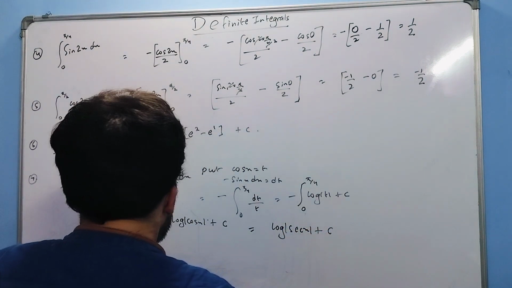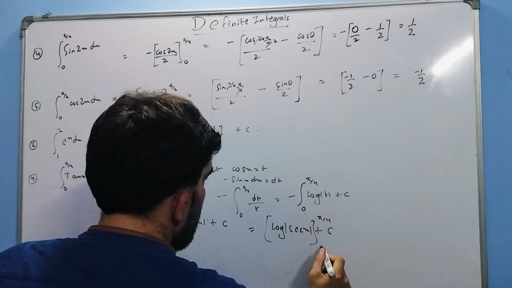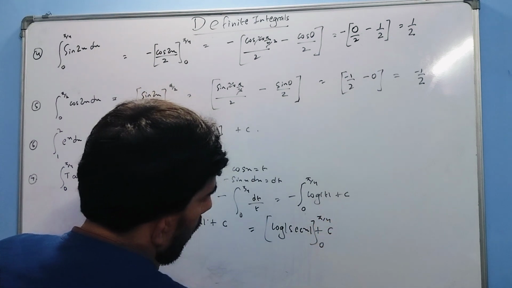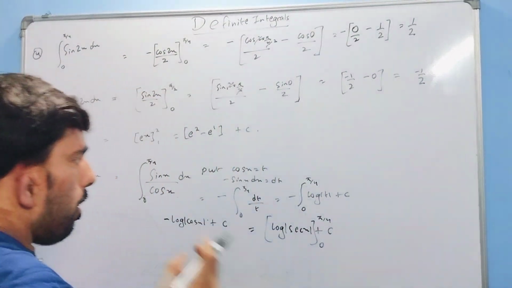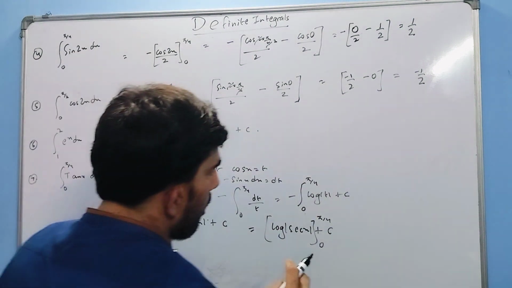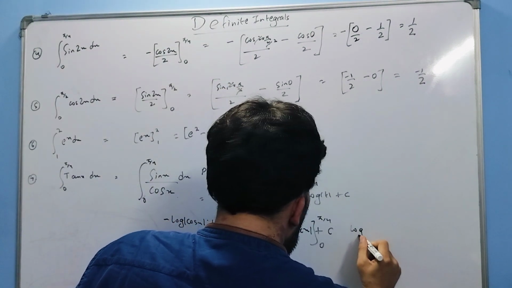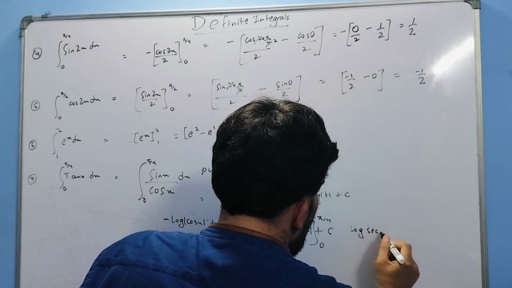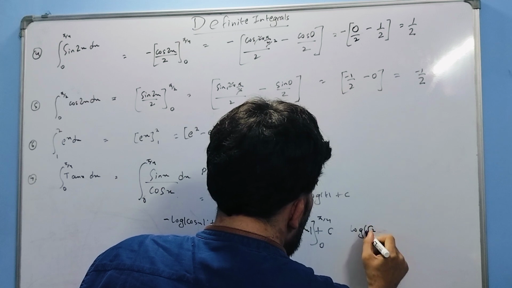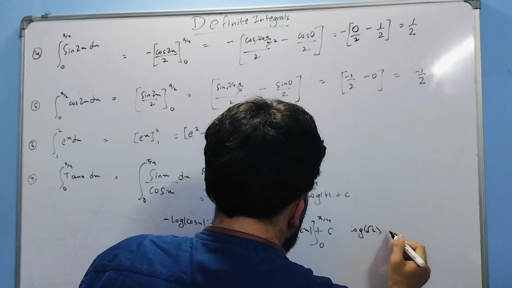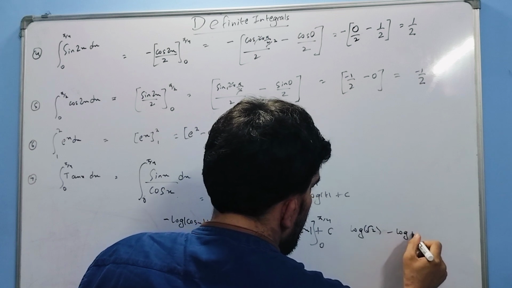Now we'll apply the limits here, that is pi by 4 and 0. Now sec 45, we know sec is the reciprocal of cos. Cos 45 is 1 upon root 2, so it will be root 2. So we'll have log sec 45, which will be log root 2, minus sec 0, cos 0 will be 1, so log 1.